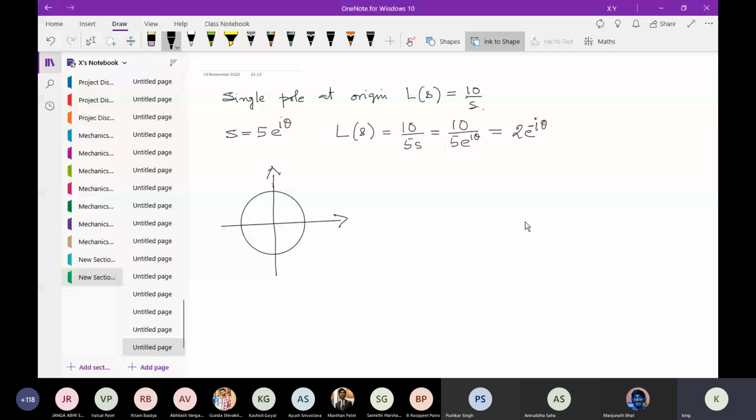And on the output side, this radius is 5. I'll now see a smaller circle.